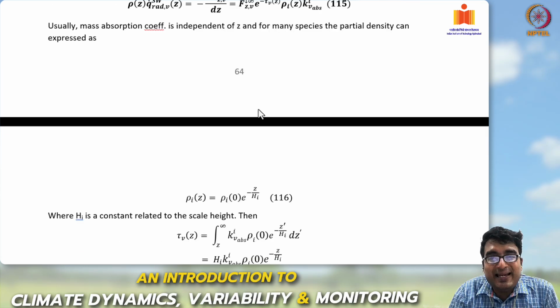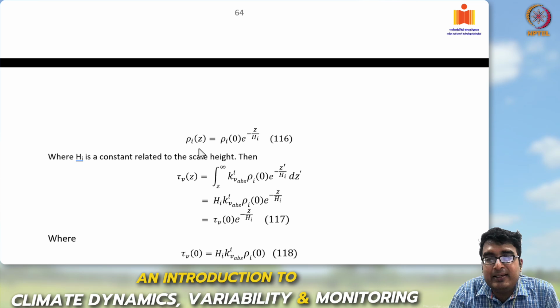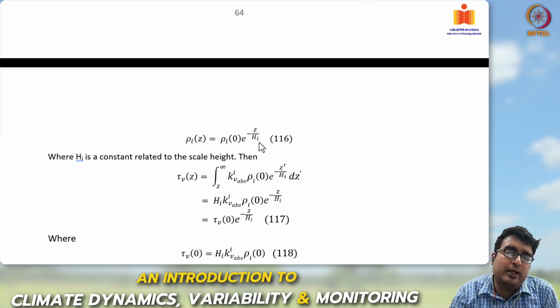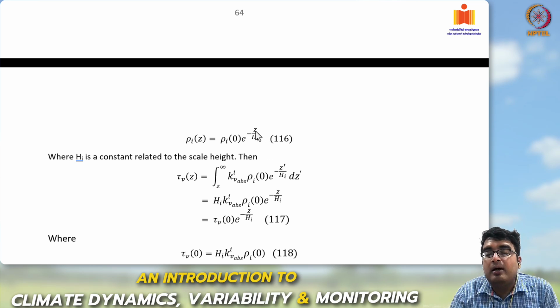And for many species, the partial density can be modeled using a very simple exponential relationship, that the partial density of the absorbing species at point z is the partial density at sea level times an exponential function of minus z by h_i, where h_i is related to the scale height. Related in some way to the scale height. It may not exactly be the scale height, so this is kind of considered the scale height for that absorbing species.